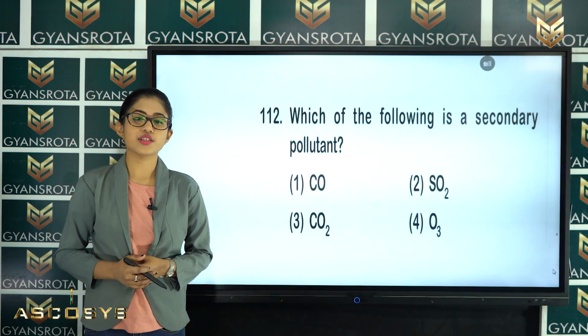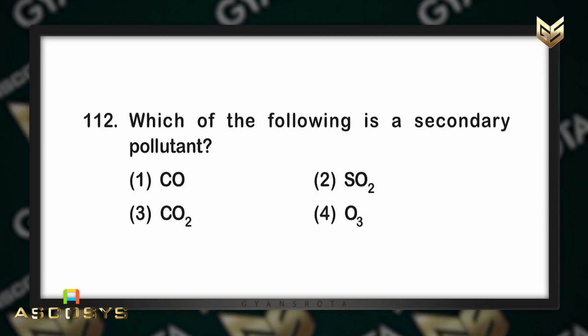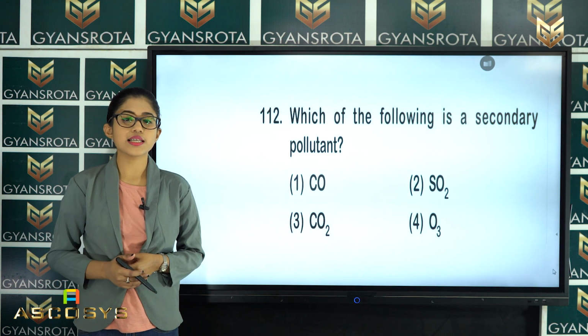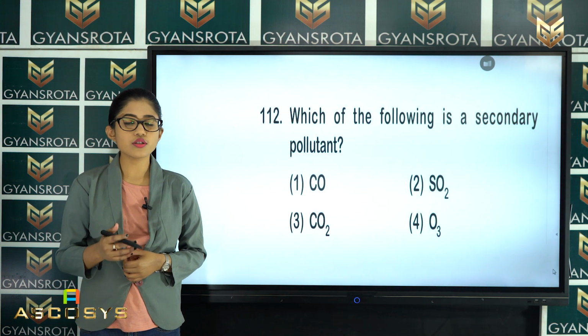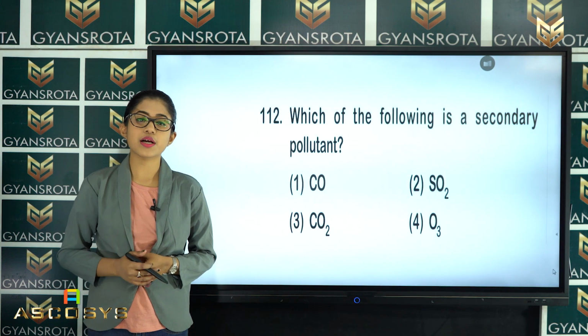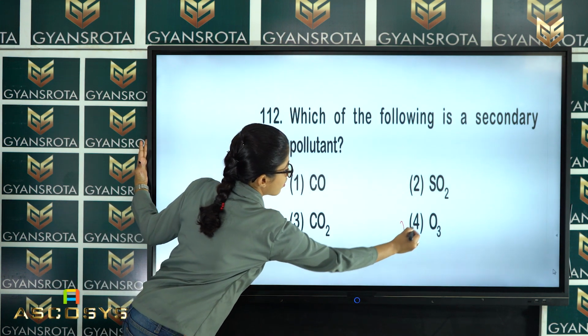In the next question, you can see here, which of the following is a secondary pollutant? Carbon monoxide, sulfur dioxide, carbon dioxide or ozone. So, we have already got this in environmental issues, and also we have got this in the lower classes. So, which among them is the secondary pollutant? That is option number 4.